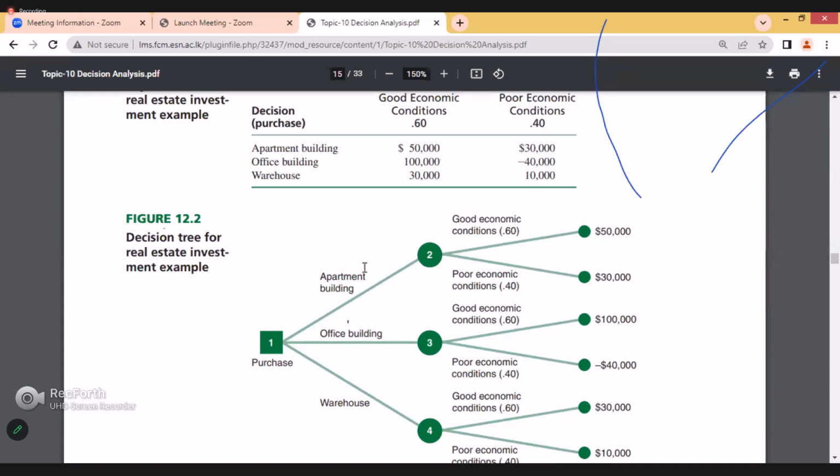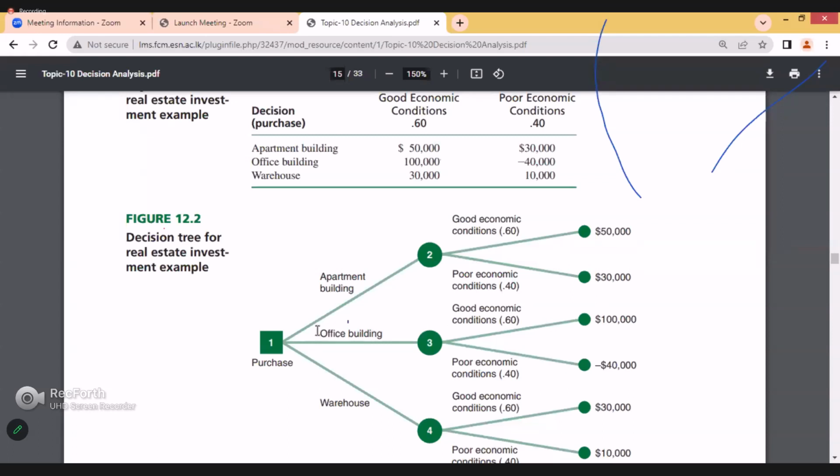So by multiplying this one, good economic conditions 0.6, poor economic conditions 0.4, altogether 1.